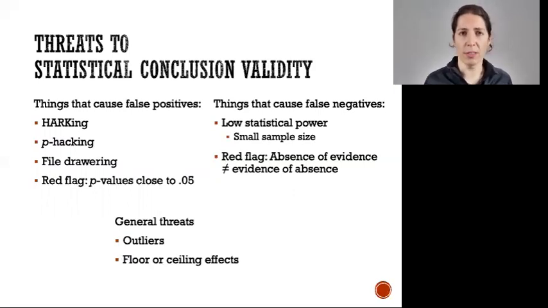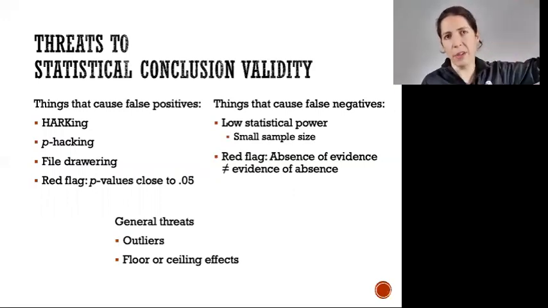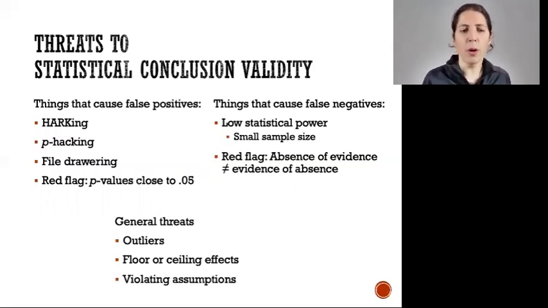Or if you have floor or ceiling effects, so everybody's giving the same answer towards the bottom of your scale or towards the top of your scale, and that hides some variance that would actually be there if you expanded the scale. Or if your data are violating some of the assumptions of your statistical tests. So many statistical tests have many assumptions built in, like assumptions that the variables are normally distributed, or other kinds of assumptions. If you violate those assumptions, then your statistical conclusions may lack validity.